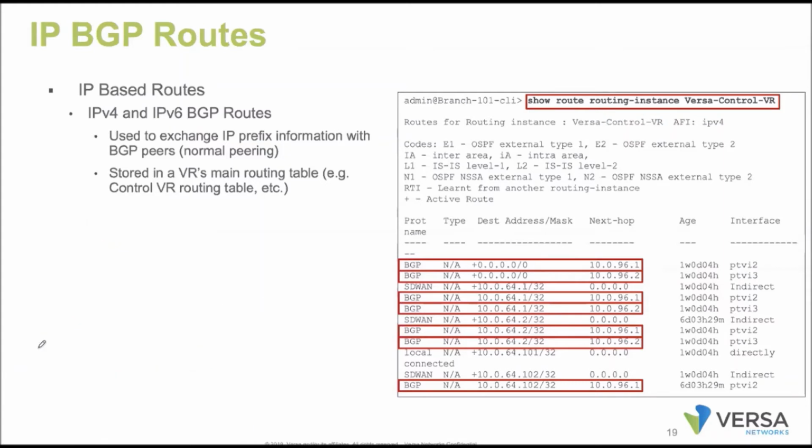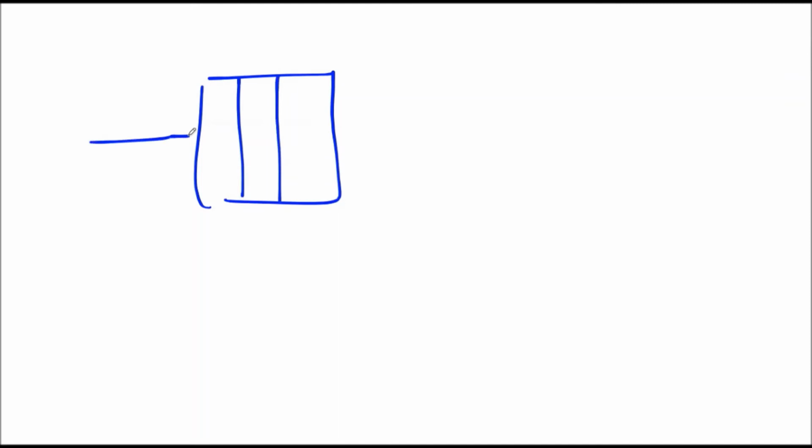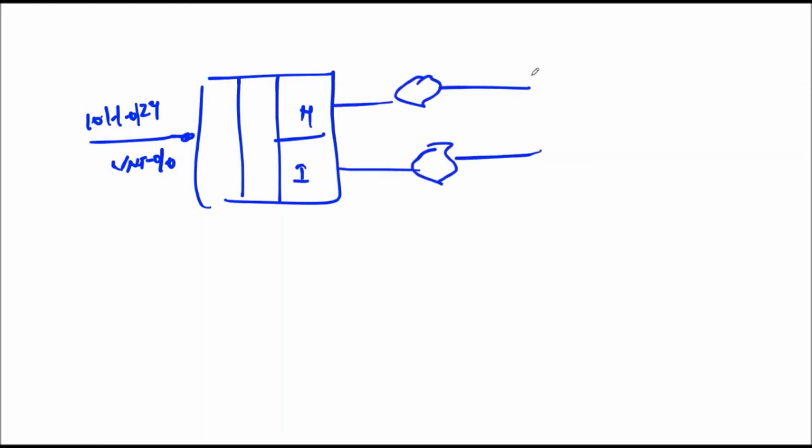Because you said in LAN VR it's VPN v4 routes. See, this is the other way you are asking. If you look here, this is my LAN network, VNI 0/0, assume it. On one side we have MPLS, on the other side we have internet. This is my VC.